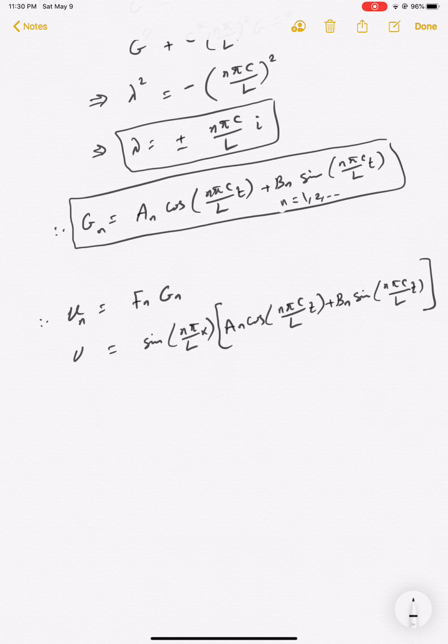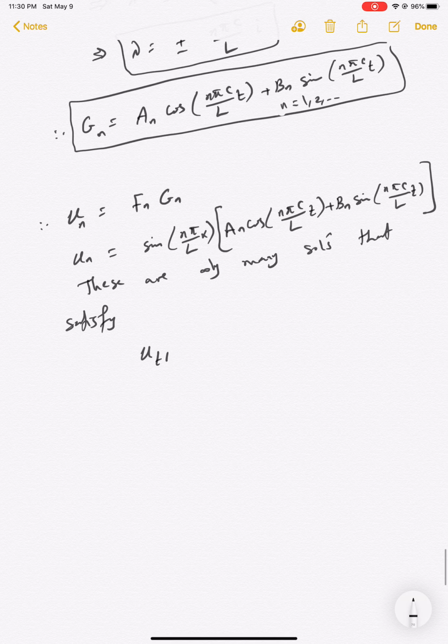So in the end, not in the very end, in fact, in the end, we reached this un, and these are not one solution. These are infinitely many solutions, and each of these solutions, they satisfy what? How did we find these solutions? We started with this equation. We analyzed these conditions.